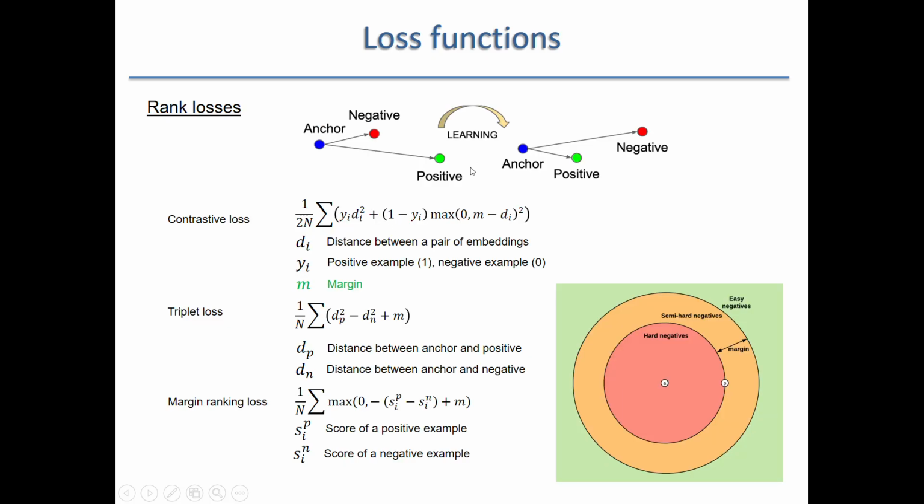There is a different set of losses that are also very interesting. These are losses for ranks. So let's say that now, instead of having one input, one output, what you have is 3 different inputs. So you have 3 different inputs that you will call anchor, negative example, and positive example. So for instance, I want to put all the images of dogs together and all the images of cats together, but not to mix dogs and cats.